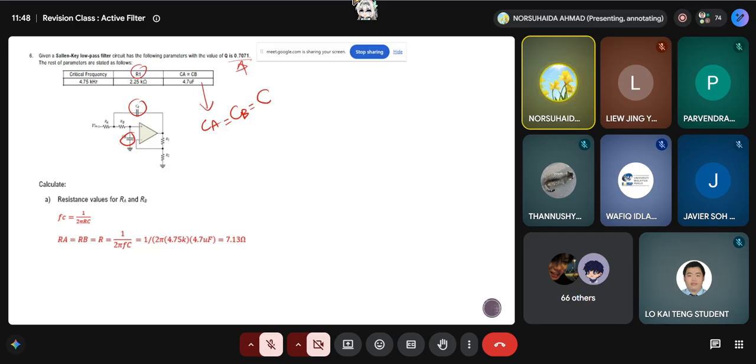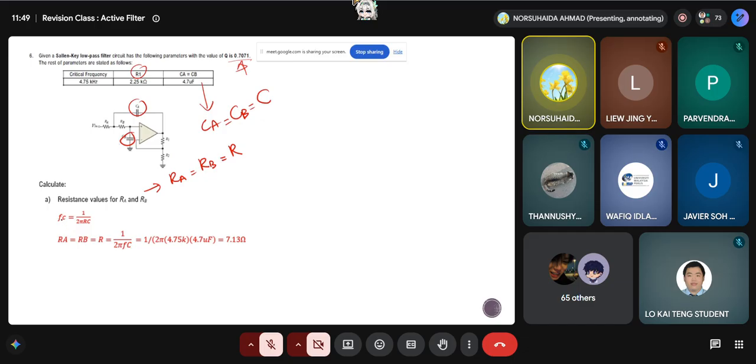So we move to the solution for the first one: the resistance values for RA and RB. Since CA equal to CB equal to C, we can say that RA equal to RB equal to R. From the given values, we choose the appropriate equation.